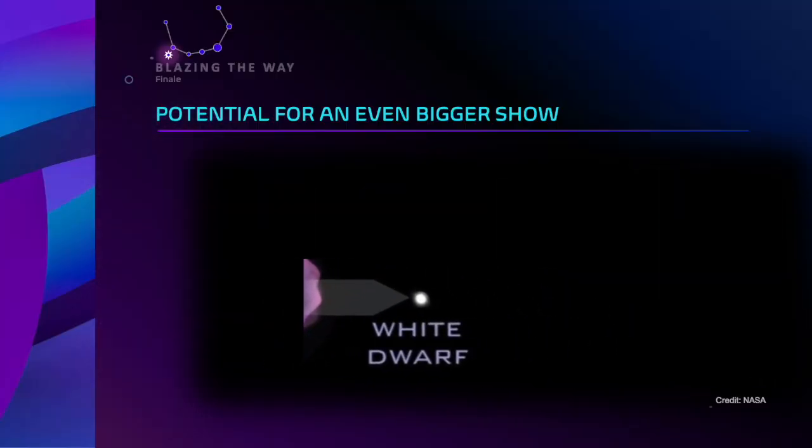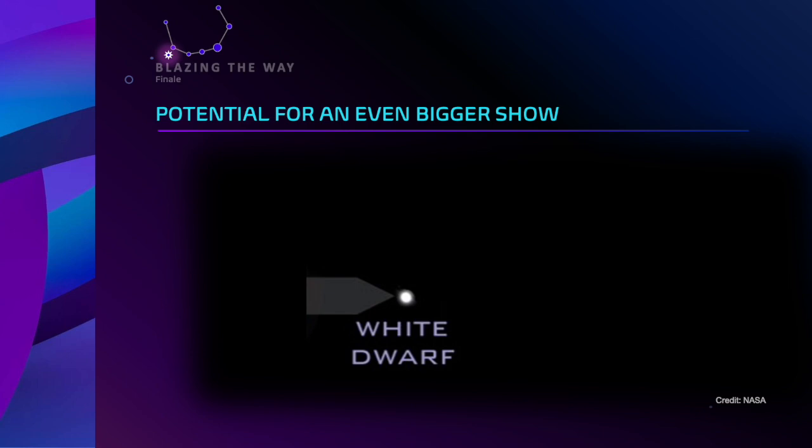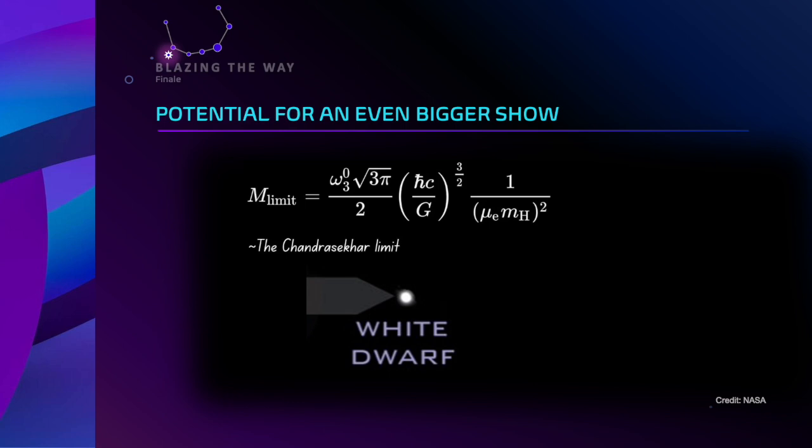But there is another type of supernova, the type 1A supernova, that is actually related to a white dwarf. The size or the mass of the white dwarf is related to something that is called the Chandrasekhar limit. Here we see the Chandrasekhar limit. This is as massive as a star or the stellar core can be and still be considered a white dwarf.